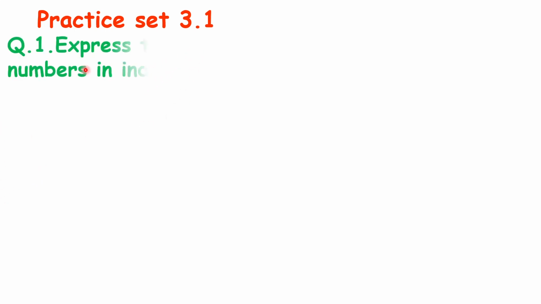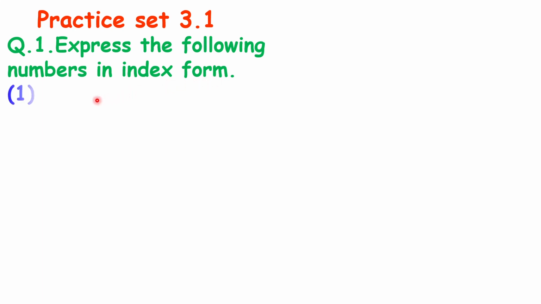Practice set 3.1. Question number 1. Express the following number in index form. Here numbers are given in the form of sentence. We have to write this number in index form.